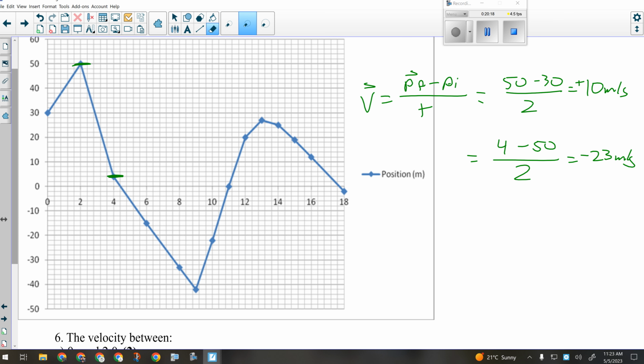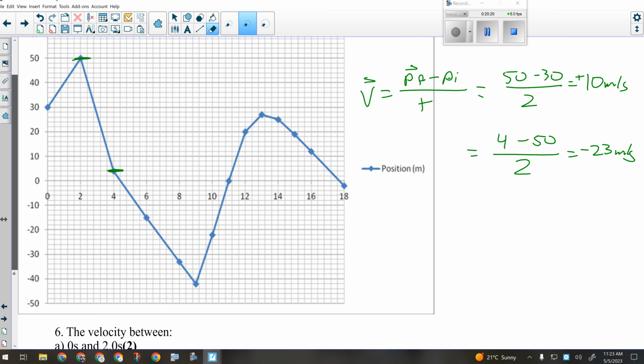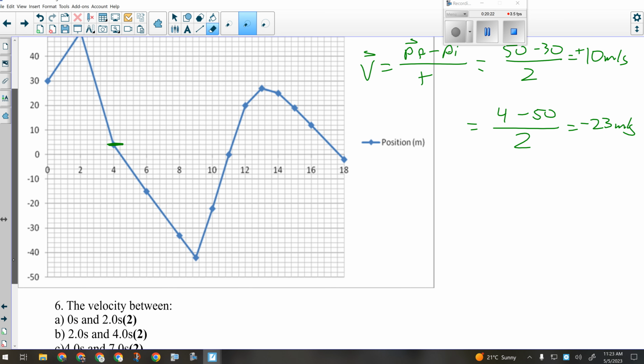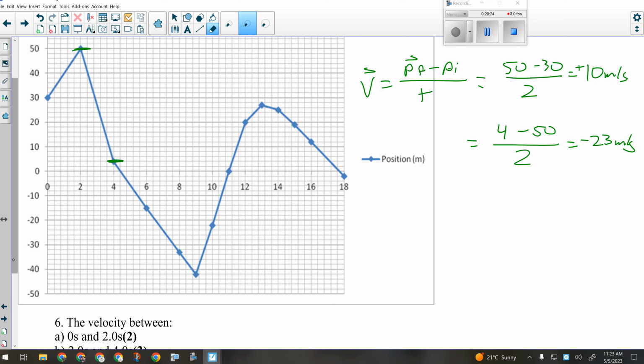And then the next one is 4 and 7 seconds. At time 4 seconds, our initial position is 4, and at 7 seconds, that's right there, it would be negative 24. That's divided by 3 seconds. So we got 20 over 3.